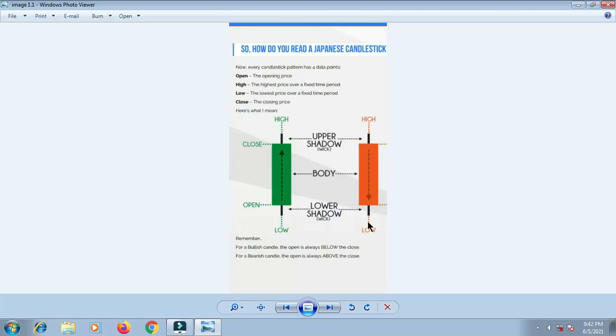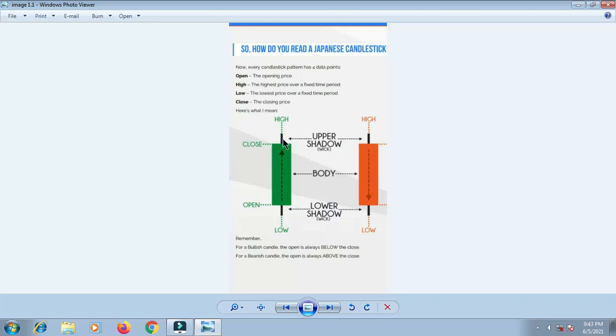Apart from that, there will be the high and the low values, which show how the price is moving within that time frame. It will go high, then it will come down low, then it will open somewhere and close somewhere. That open and close range is termed the body of the candle, and the high and the low represent the shadow or the wicks.